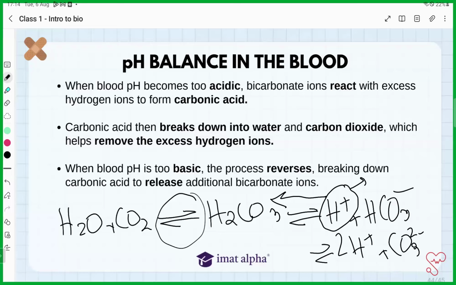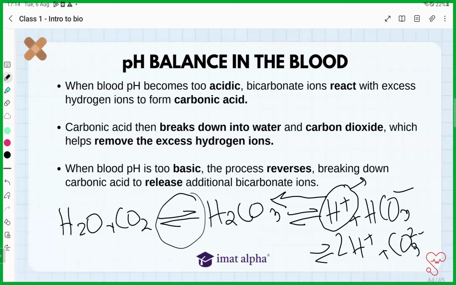So it just depends on how many protons we have, how acidic the blood pH is, how basic the blood pH is. The moment that our blood has a high amount of H plus ions, this means that the pH is acidic. So the buffer system of bicarbonate inside the blood will start to change it and try to regulate it in a way to make a balance between the two reactions.